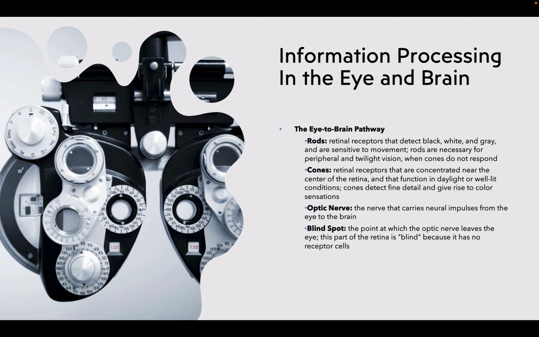So on the retina, there are rods and cones, and this is how the light waves are processed. So rods are the retinal receptors that detect black, white, and gray, and they are sensitive to movement. Rods are necessary for peripheral and twilight vision when cones do not respond.